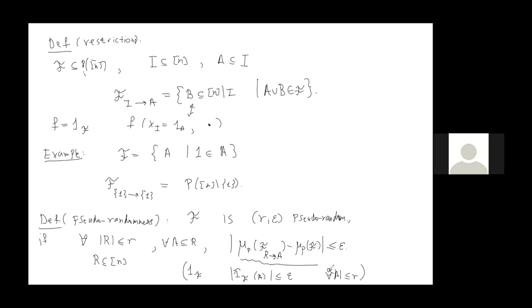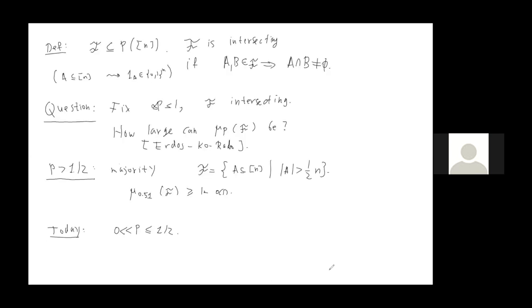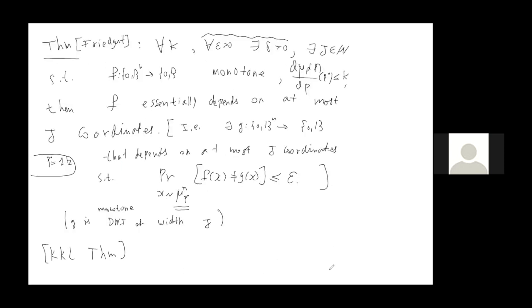Good. So this is one thing. The second thing is that maybe at this point, it should already be somewhat hinting that sharp thresholds will enter the picture, at least in some way. So why is that? So let's go back to Friedgut's theorem.